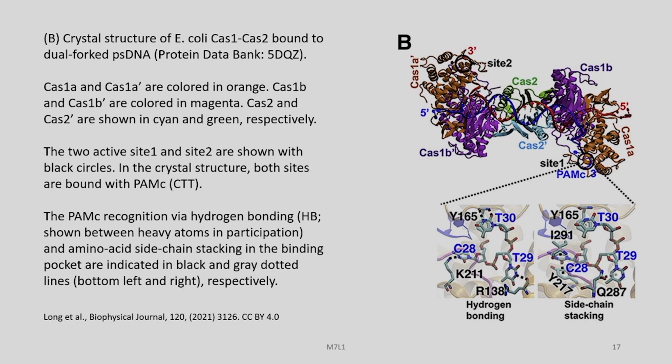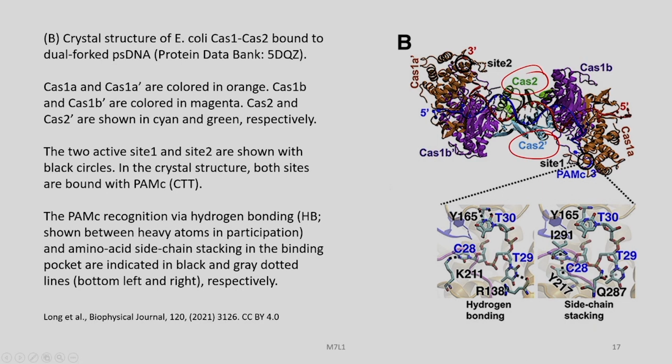Let us look into the crystal structure of these Cas1, Cas2 bound to dual forked protospacer DNA from E. coli. So, you can see here Cas1A, Cas1A prime, this is Cas1A and this is Cas1A prime. Similarly, you have Cas2 and Cas2 prime.